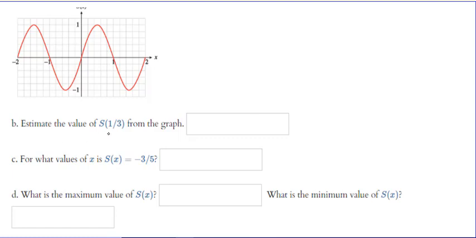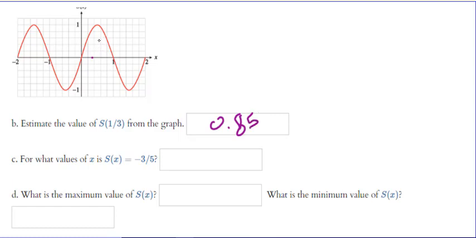S of 1/3, that's 0.3. So it's going to be right between here. Well, I just drew it on the wrong thing, didn't I? There. Somewhere right in there. 0.2, 0.4, 0.3. Estimate. And if I go up, I'm at about, let's see, 2, 4, 6, 8. 0.8, let's just say 5.